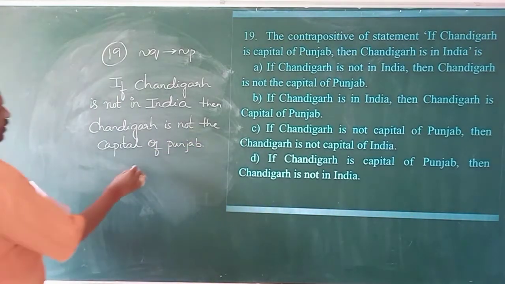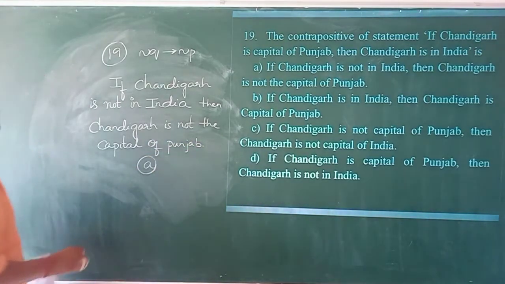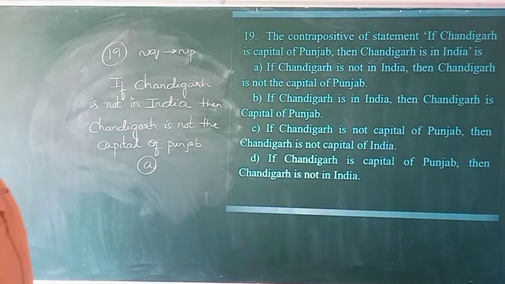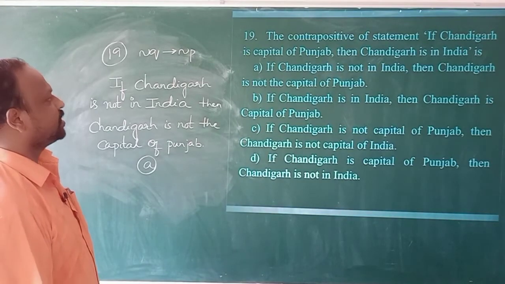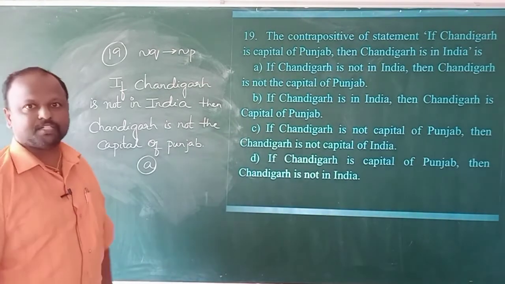So this will be option E. Contrapositive, negation Q, then negation P.